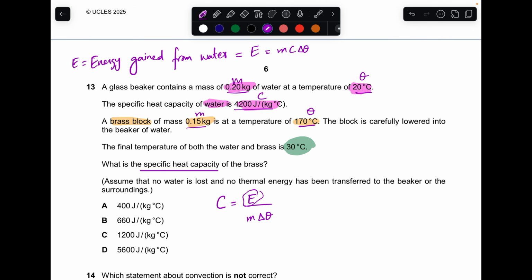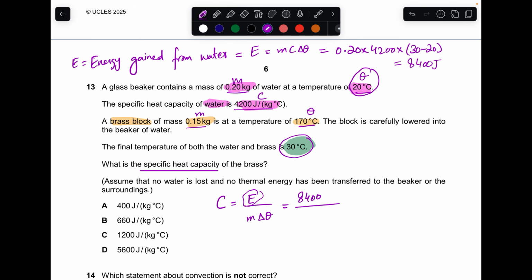So we will use this for the water. Water mass is 0.20, its C is 4200, and its change in temperature: water was initially at 20 and finally at 30, so it is 30 minus 20. That will give you 8400 joules of energy lost by the water, and the same amount will be gained by the brass rod. So it will be 8400.